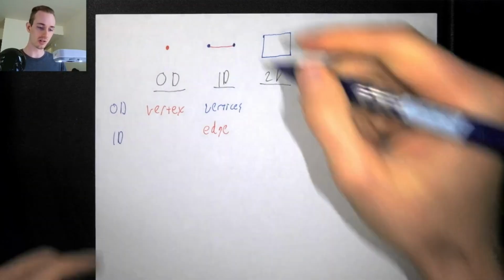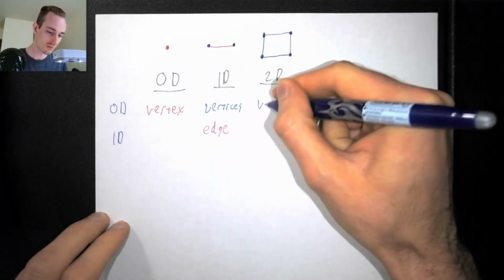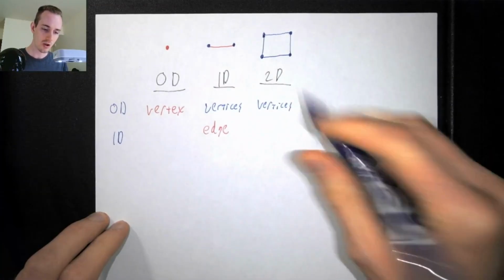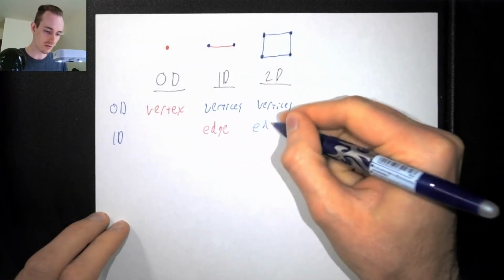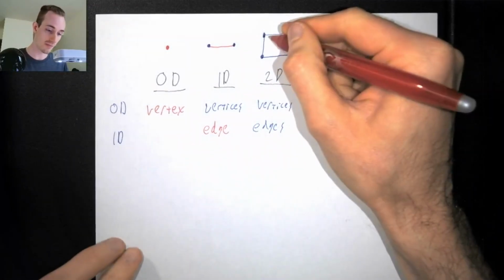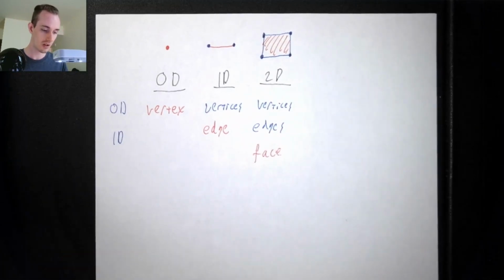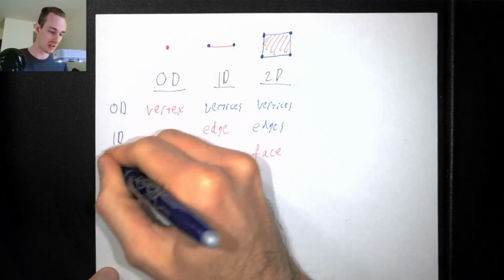You still have vertices, actually. So a square in particular has 4 vertices. You have edges. There are 4 edges in that case. And then you have an interior, which is 2-dimensional this time. I'll call that a face. One face, and that is a 2-dimensional piece.